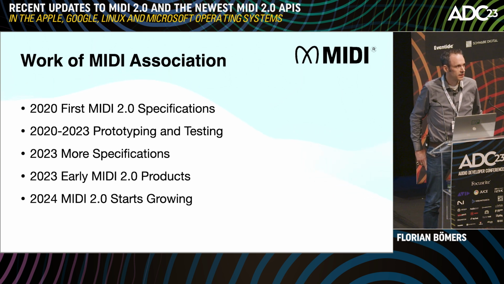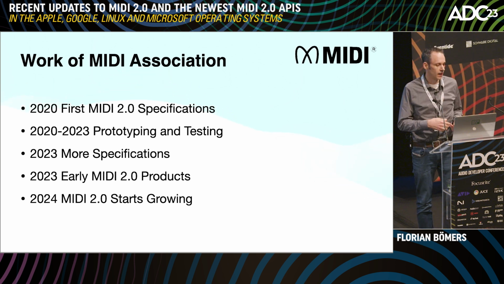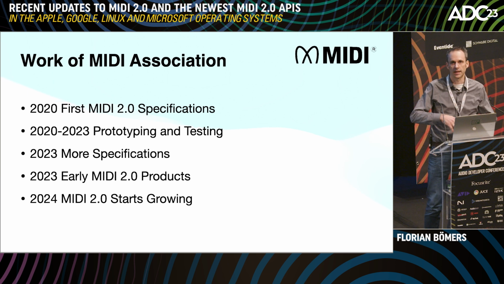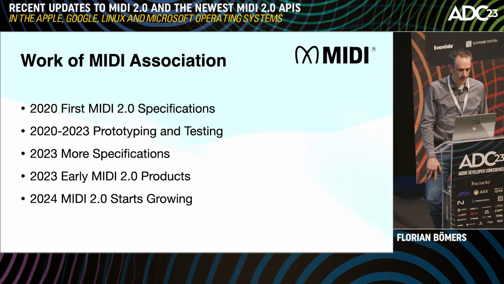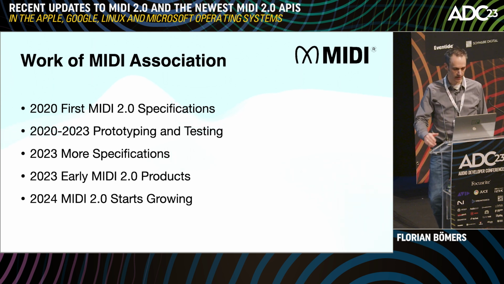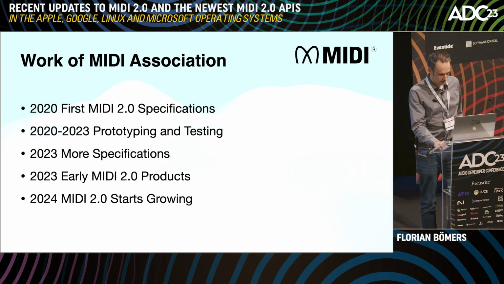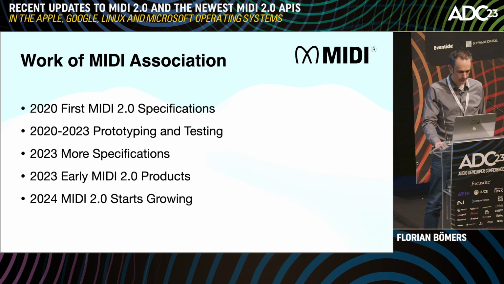A lot of companies have started using MIDI 2.0 in-house and well, just trying how it works. And in June this year, 2023, the MIDI Association released a few more specifications and updated some. I will go into that in a minute.